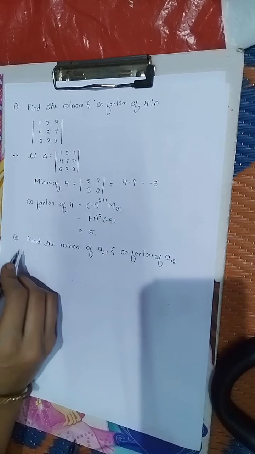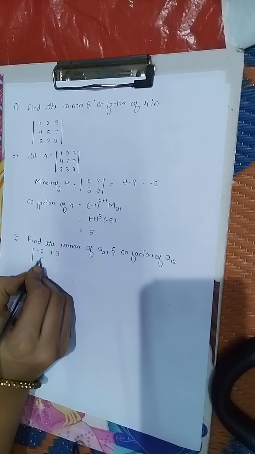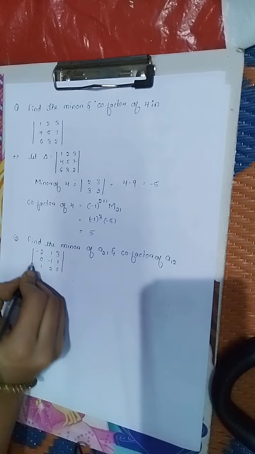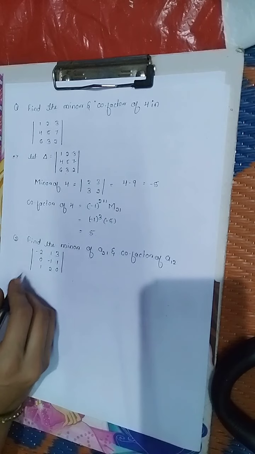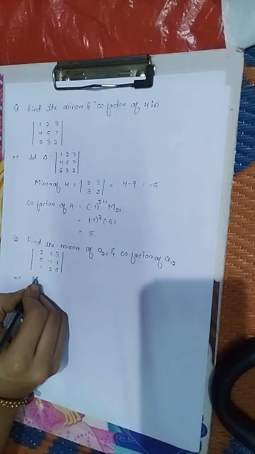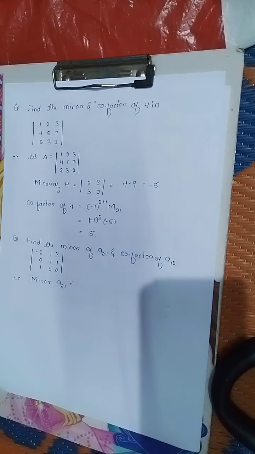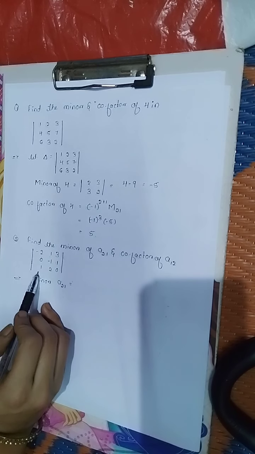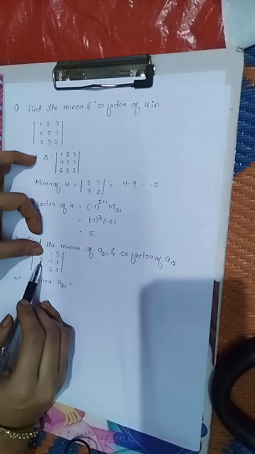So the given determinant is minus 2, 1, 3, 0, minus 1, 1, 1, 2, 0. Therefore, minor of A21 means it is second row, first column. Second row, first column means it is 0.